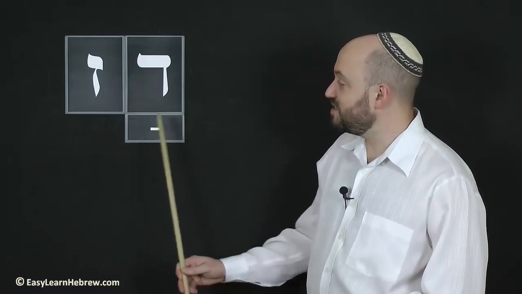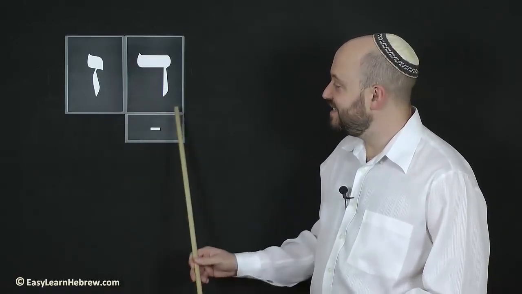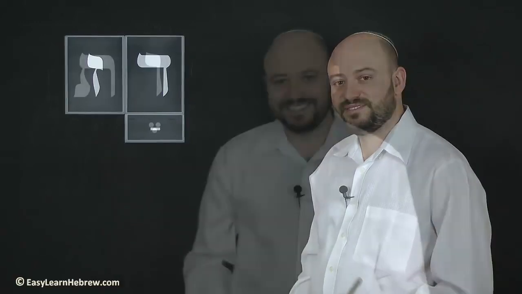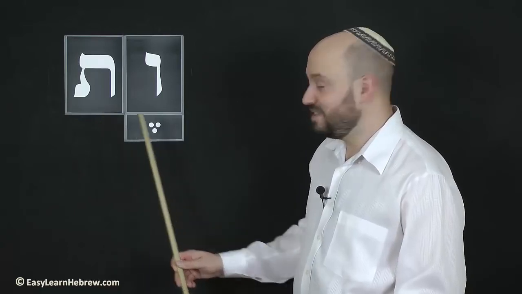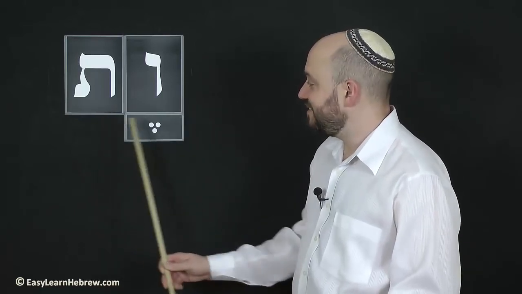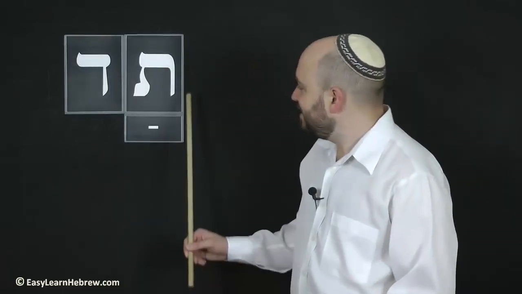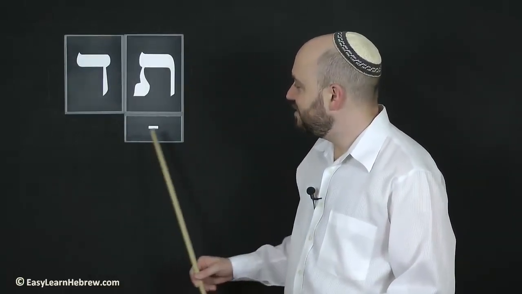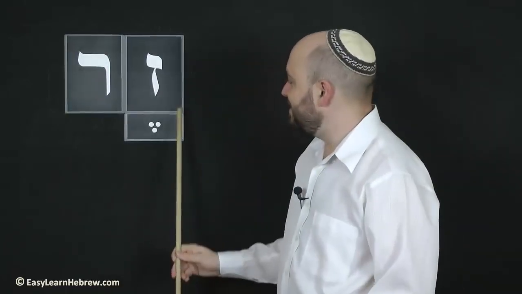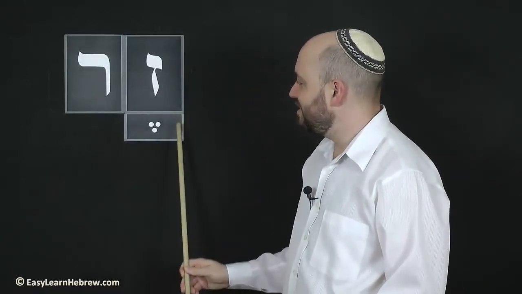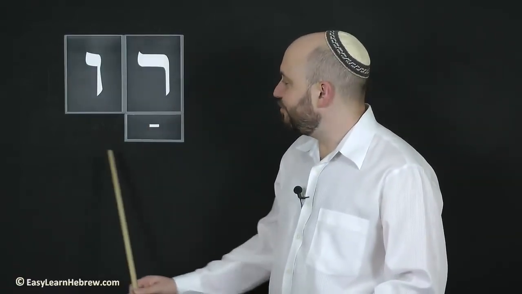Da plus z is daz. Ve plus t is vet. Tud. Zer. Rav.